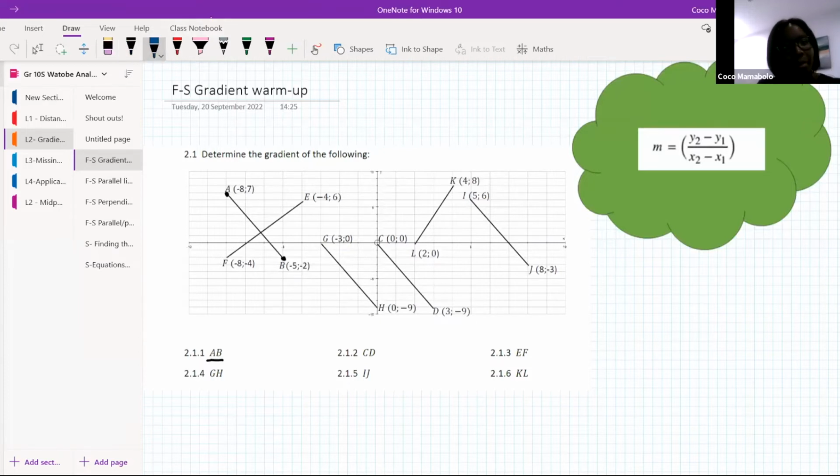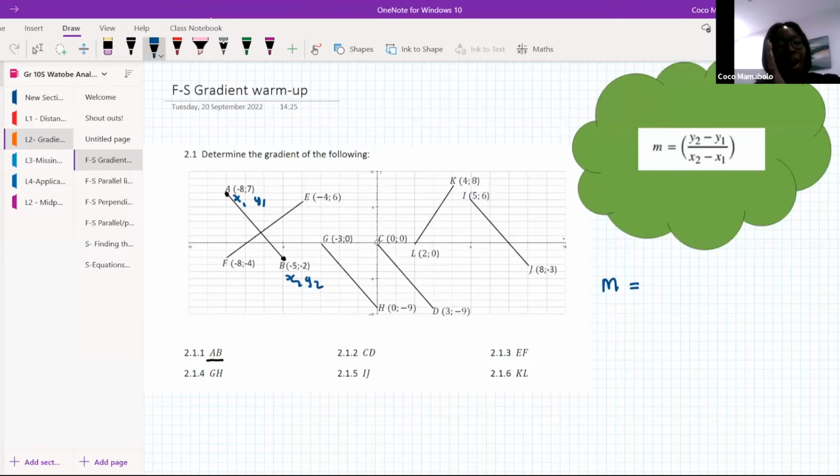Remember, they need to come from the same point. So I'm going to choose A as X1 and Y1, and B as X2 and Y2, and then substitute into my formula. So my gradient is going to equal, now be very careful, guys: in my gradient formula, the Y always comes first. Y on the top, X at the bottom.